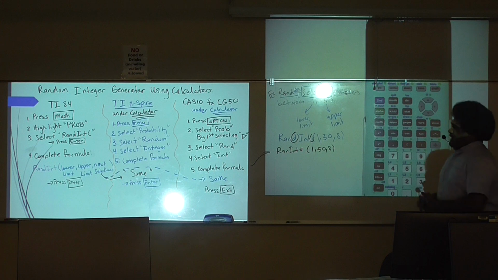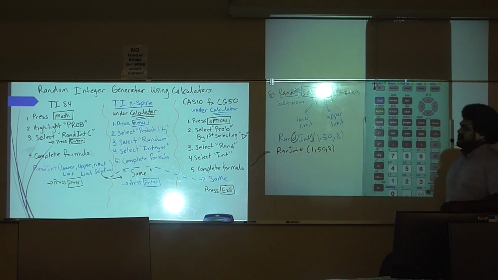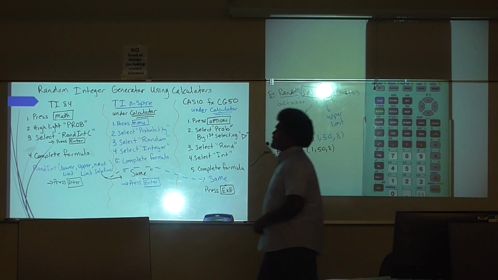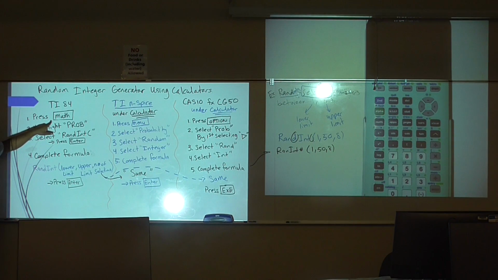Anyways, let's first work on the TI-84. The first thing we're going to do is press the math button on the calculator. Then we'll highlight probability, one of the selections on the top row.